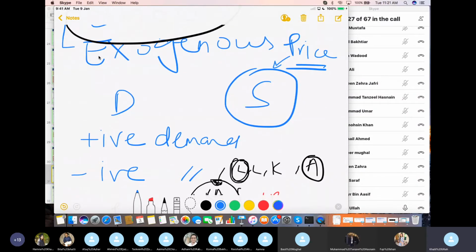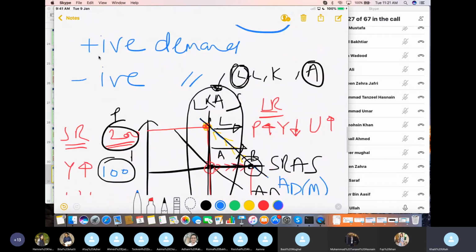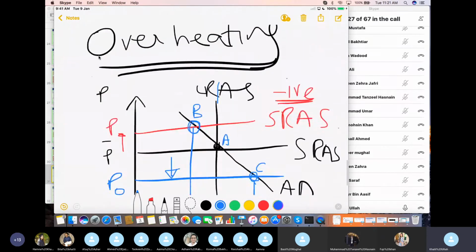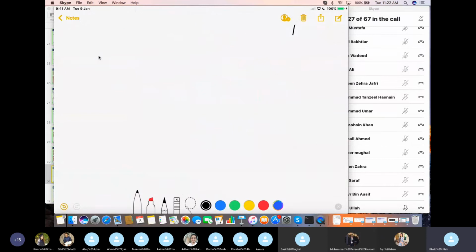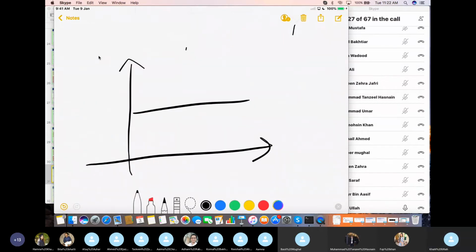It can be a positive supply shock, it can be a negative supply shock. The most common example of a supply shock is a shock that is related with the price of oil in the world.